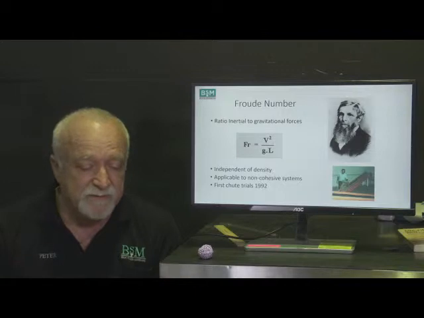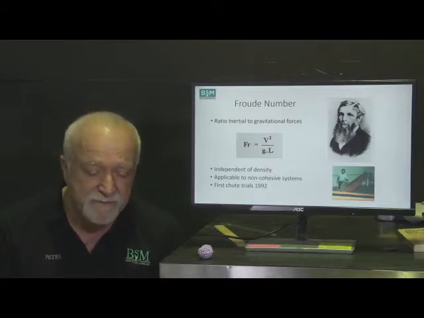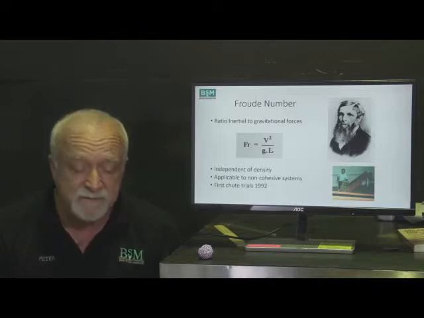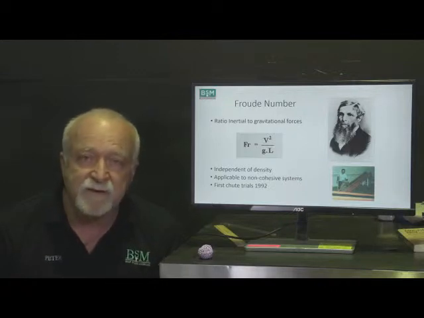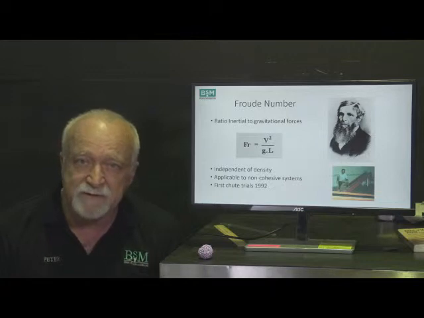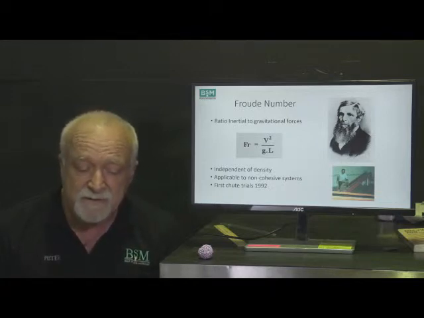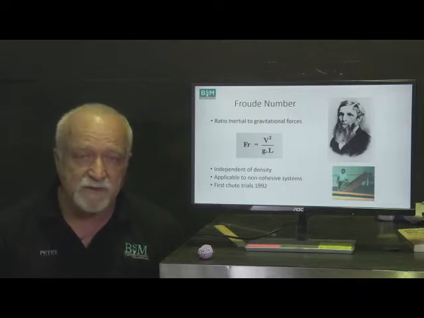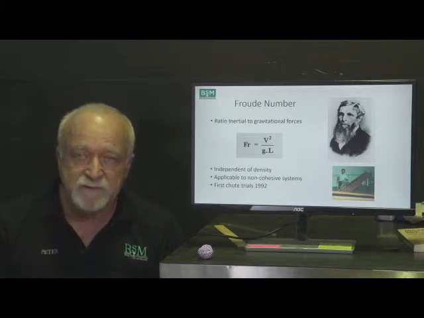He developed this number, the square of the velocity divided by characteristic length and g, the gravitational constant. The important thing to notice about the Froude number is there's no density term in there. So it's independent of density. It's applicable to non-cohesive systems. We can't have cohesion if we're just using Froude number scaling.